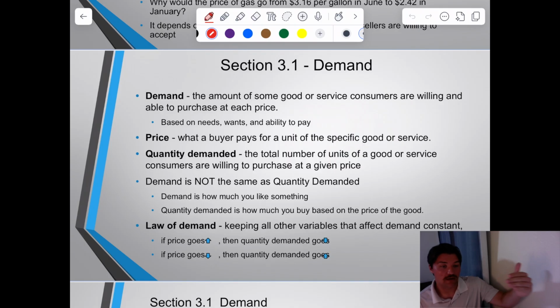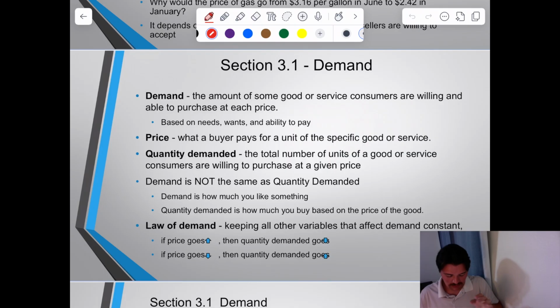So you have your liking of peanut butter. Basically, if the price was really high, maybe you only buy one. If the price is really low, maybe you buy two or three, depending on who you are, right? But demand is just the entire amount that you are willing to pay for something. And then quantity is the actual amount that you buy. That's the difference there. Okay.